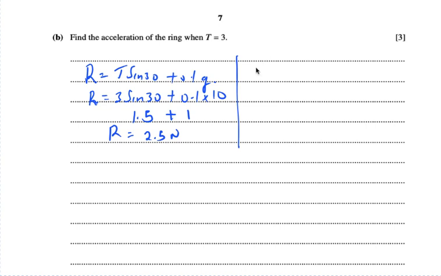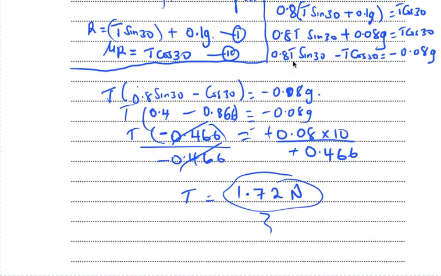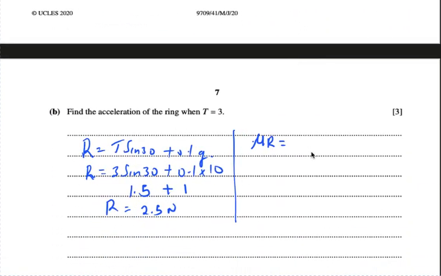We also have another equation, mu R is equal to T cos 30. Okay, mu R is equal to T cos 30, but remember, the reaction is a force, and this here is also a force, and that is also a force.